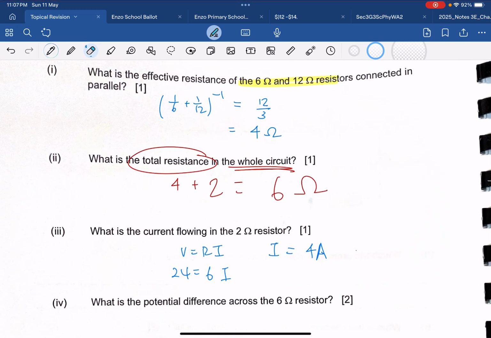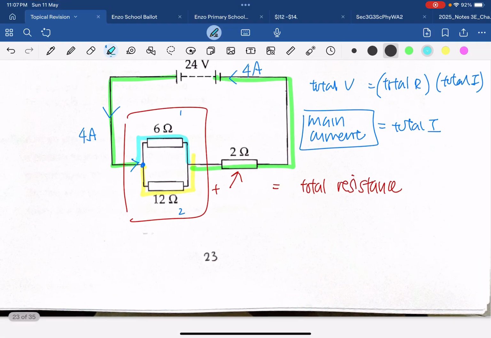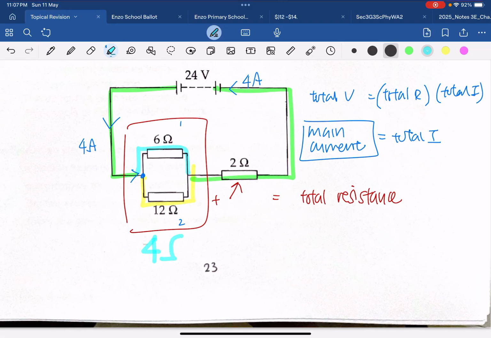Another way, since this is a bit tough, the easier way is this: they said the resistance across the parallel circuit is 4 ohm. So this is 4 ohm and this is 2 ohm, right? If you cut it like that, this 24 you can go by ratio.